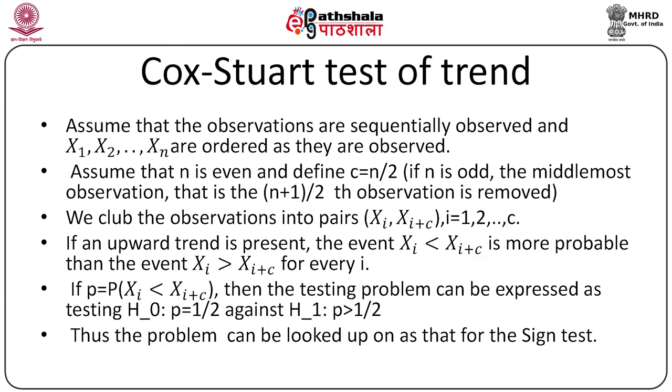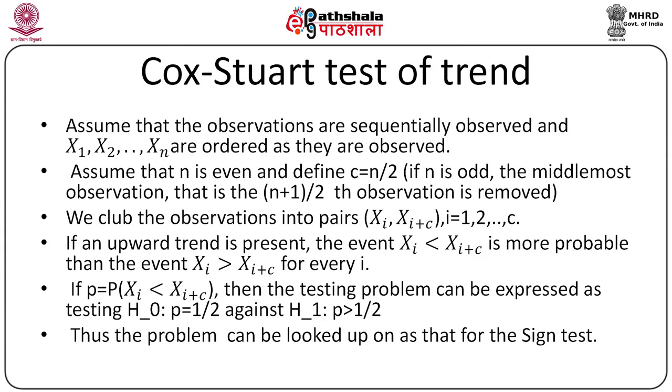We club the observations into pairs (Xi, Xi plus c), i from 1 to c. If an upward trend is present, then later observations are expected to be larger than the earlier observations. Thus, the event Xi plus c exceeding Xi is more probable than the event Xi plus c less than Xi for every i.